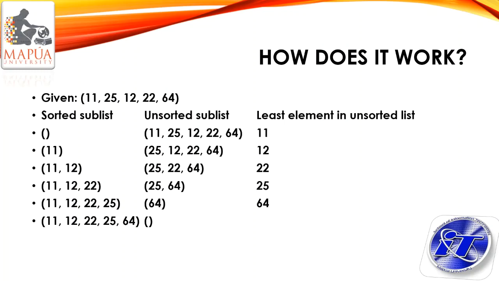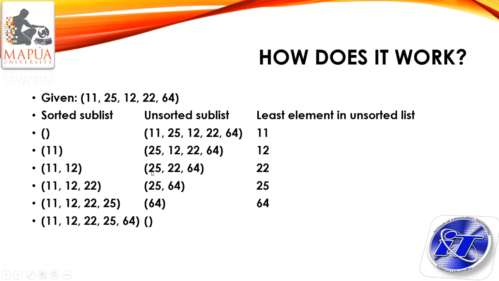So among the four, 12 is the smallest, therefore 12 will be included in the sorted sublist after the 11. Now in the unsorted sublist, we only have three elements, which are 25, 22, and 64.